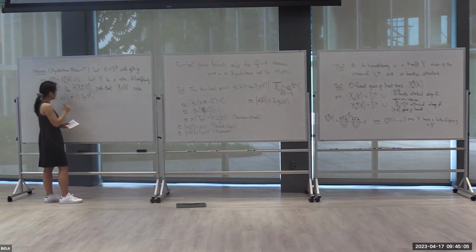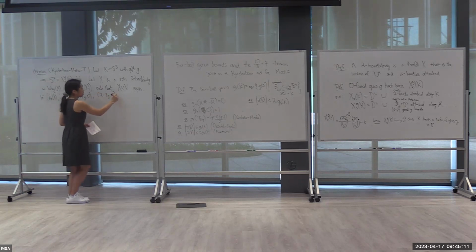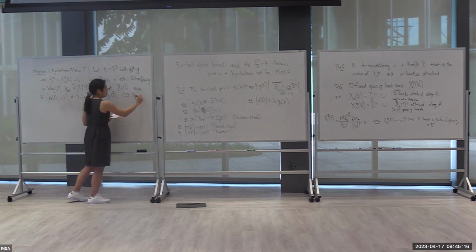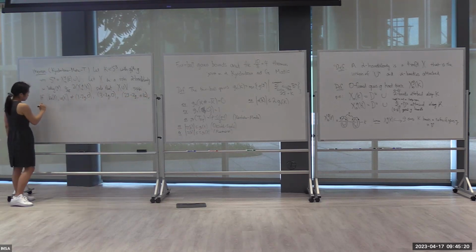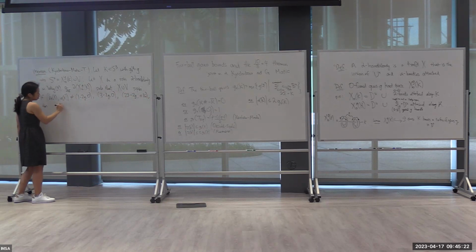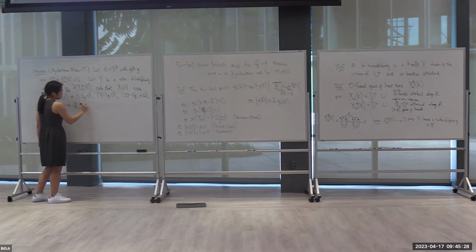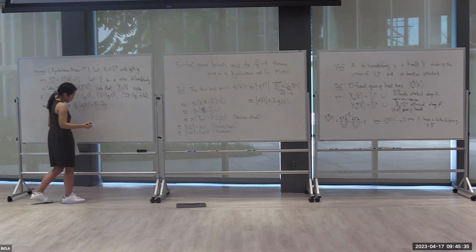So as long as we don't have b2 and signature equal to 1 minus 2G, comma 0; 3 minus 2G, comma 0; or 23 minus 2G, plus or minus 16. Then b2 of X is bigger than or equal to 10/8 times the absolute value of the signature, plus 5 minus 2G.